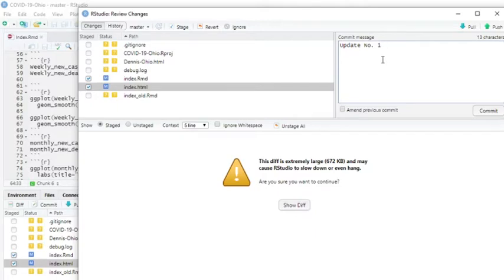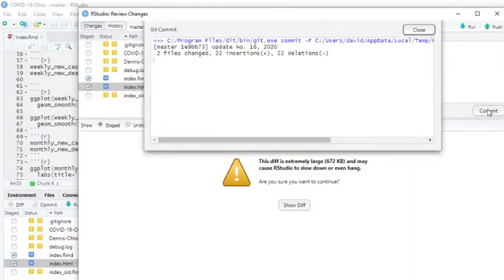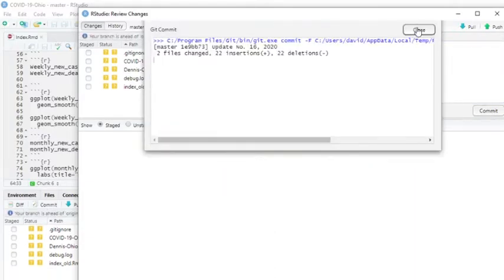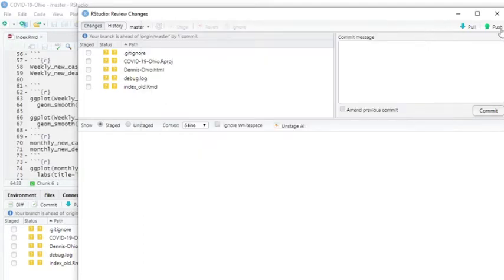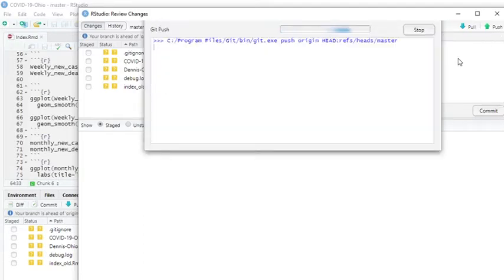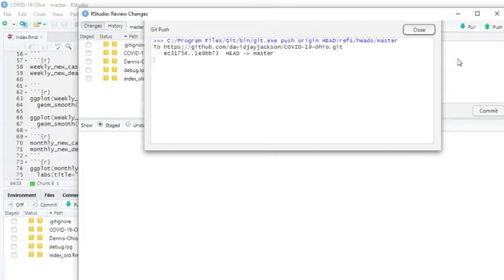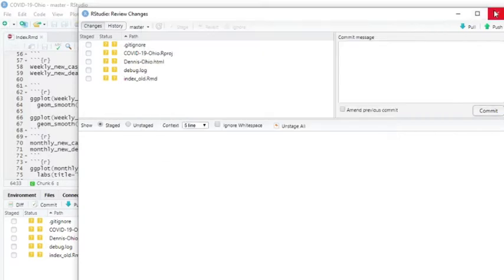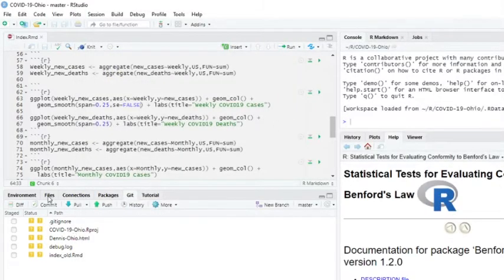That takes care of Ohio. Okay, that takes care of the state of Ohio. So let's move back up.